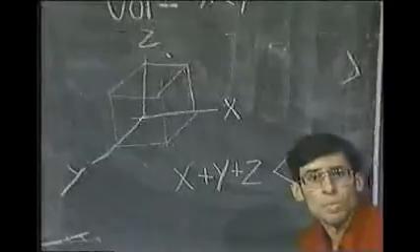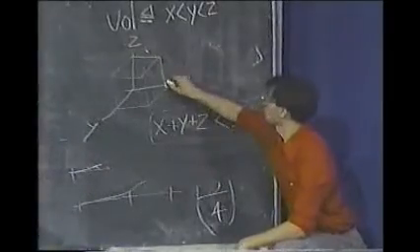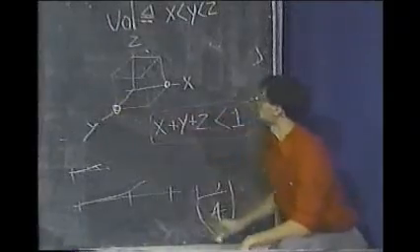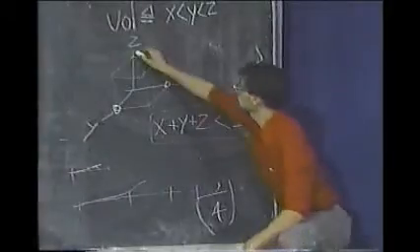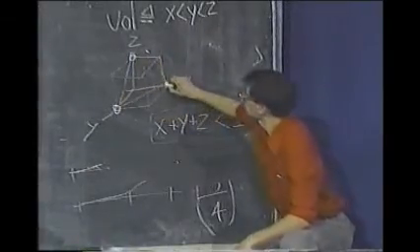This is the equation, as in 3-dimensional geometry. An equation like this always gives you a flat surface. And the nature of the surface is easy: if x and y are 0, then z equals 1. So it's the plane defined by these 3 points.